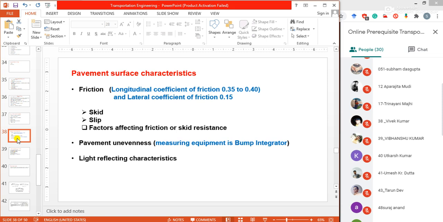It is one of the factors determining the operating speed and distance requirements in stopping and accelerating the vehicles. How can we control our vehicle? Because friction happens between the vehicle tire and pavement surface.